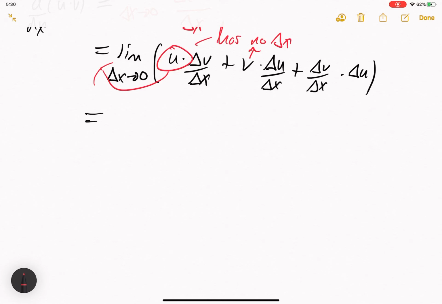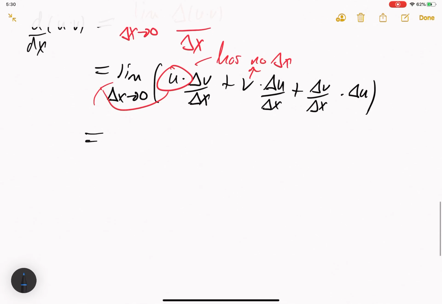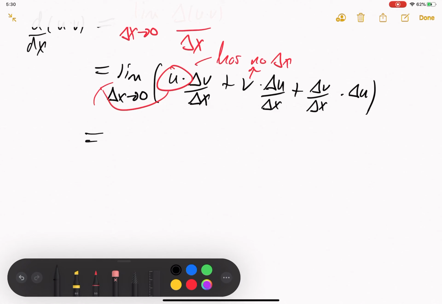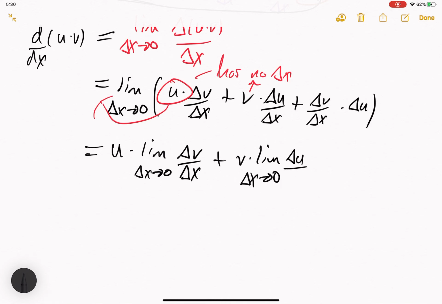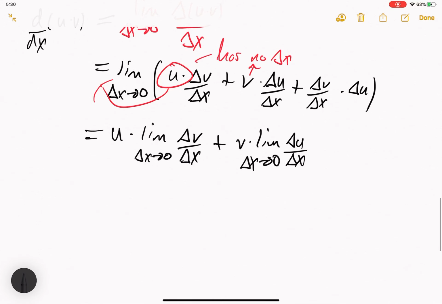So what we'll get is u times the limit as delta x goes to 0 of delta v divided by delta x, plus v times the limit as delta x goes to 0 of delta u divided by delta x, plus the limit as delta x goes to 0 of delta u times the limit as delta x goes to 0 of delta v divided by delta x.